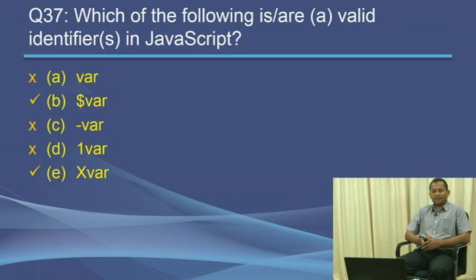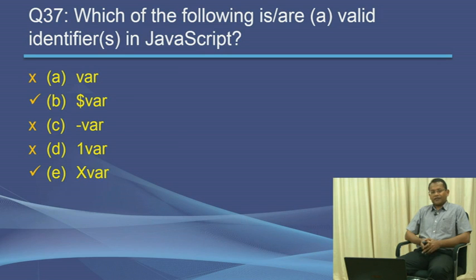So var x means you are defining a variable named x. var cannot be used as an identifier or a variable, because var is a keyword that is used to define variables.